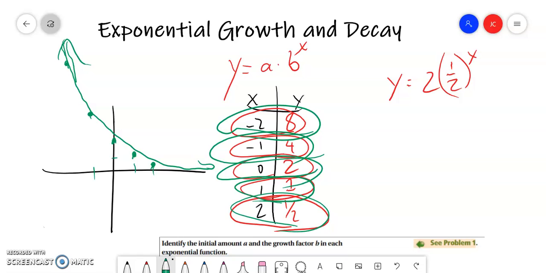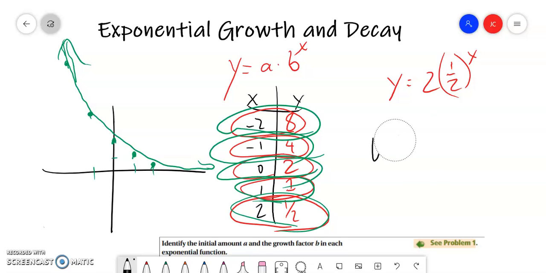When we started this problem, I asked you, is it a decay function, or could it possibly be a decay function? It turns out that yes, this one actually is a decay function. And my question to you is, why? Can you come up with some reason why it would be a decay function and not a growth function?